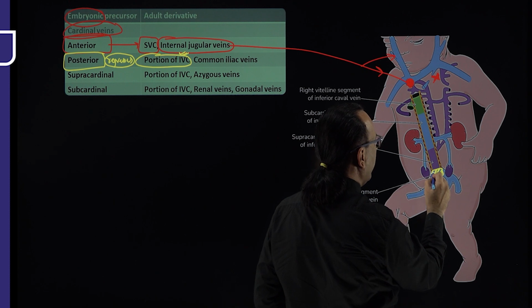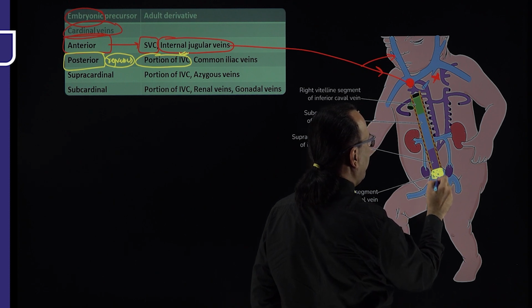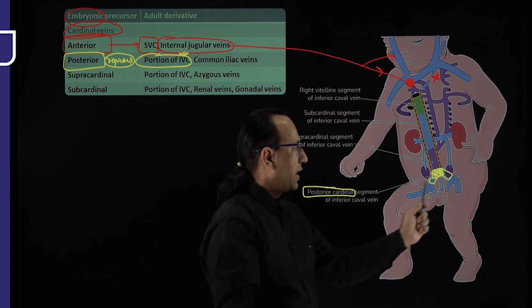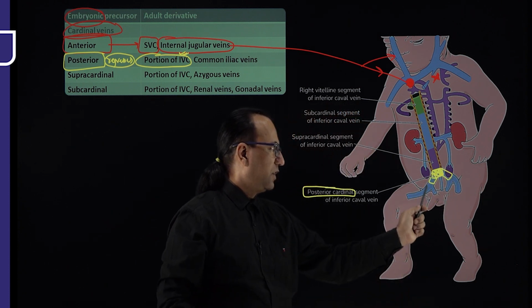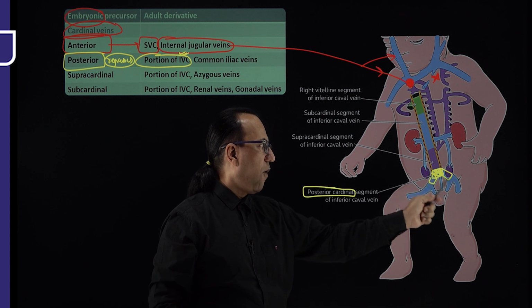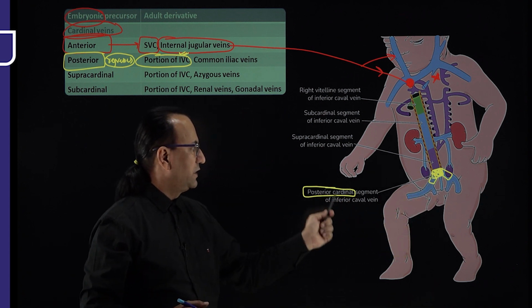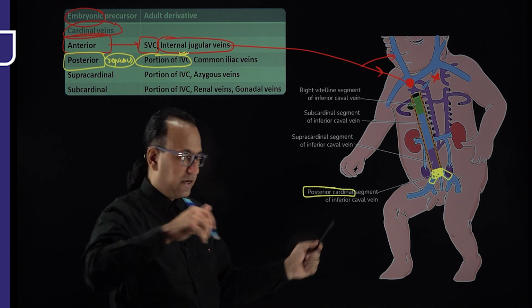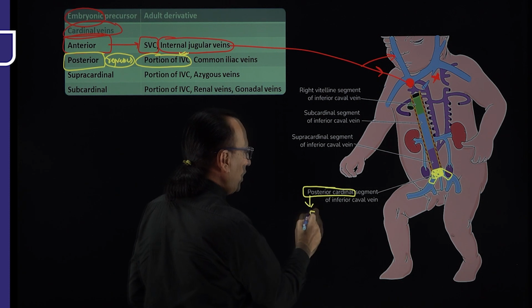And not only does it contribute to the beginning of the inferior vena cava, but also the common iliac veins. So, the common iliac veins in the pelvis region join to form the inferior vena cava, and all that is coming from the posterior cardinal vein. Some books will give another name for it, and it is called the sacrocardinal vein.